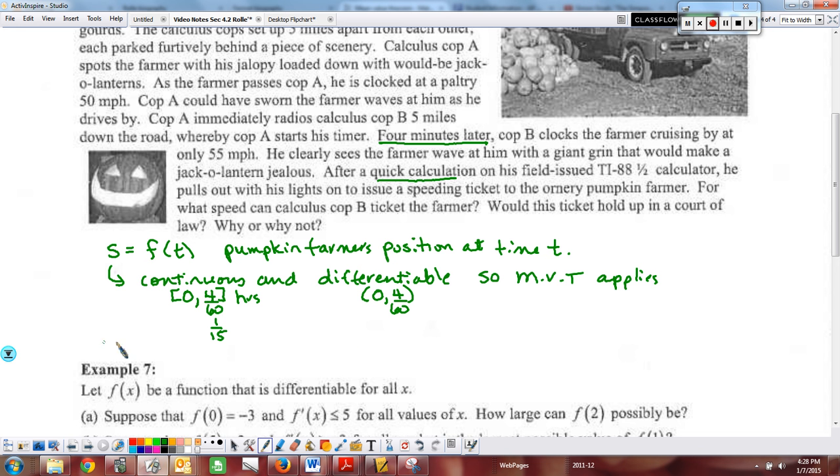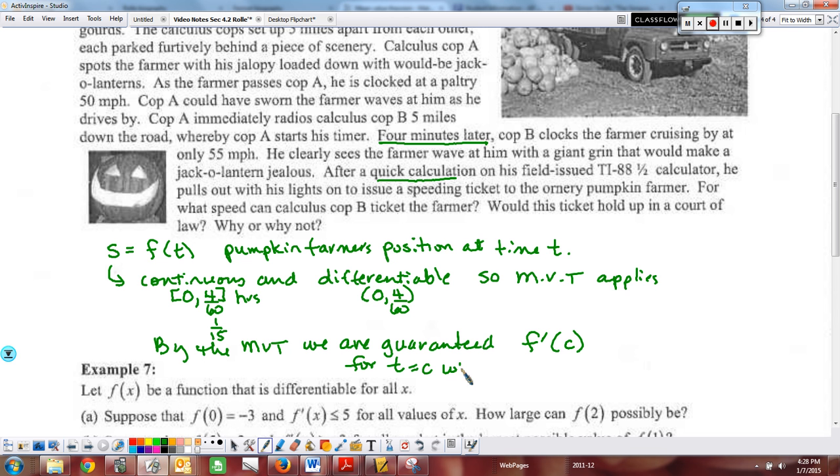All right, so what are we guaranteed? By the MVT, we are guaranteed that the instantaneous rate at some value c for x, or let's do t since we're doing time, some time equal to c, where c is in this interval, 0 to 1/15, the derivative of f at c has to equal the average rate of change for 0 to 1/15.